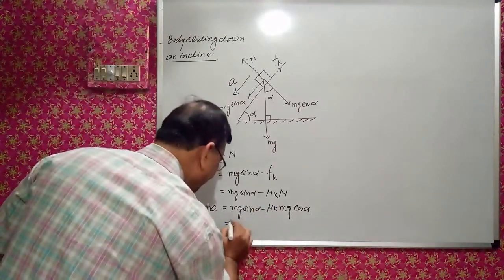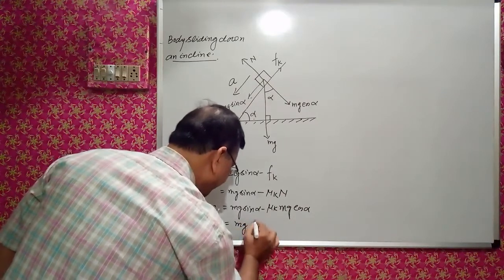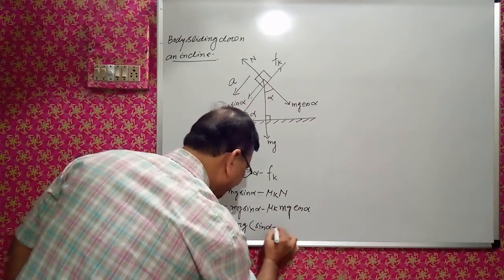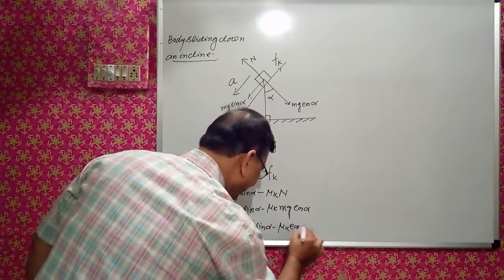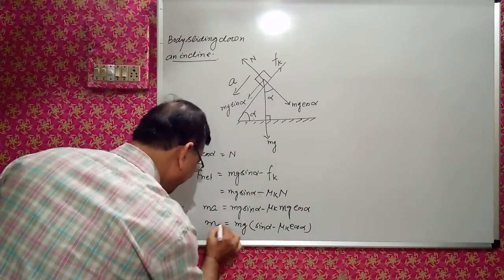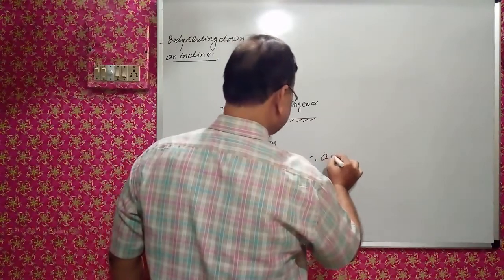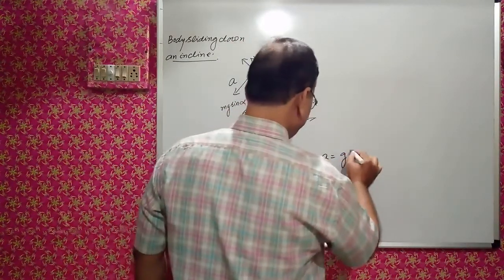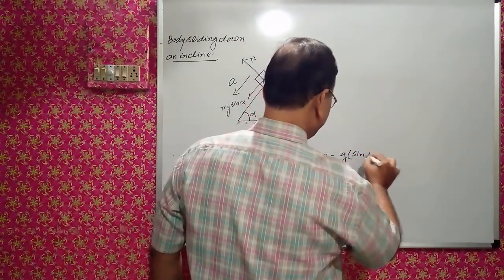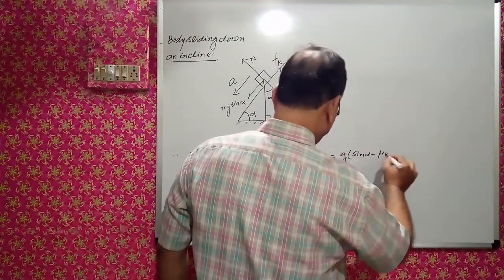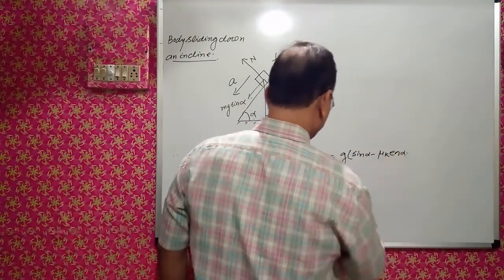So this is equal to, we can take mg common, we will get sin alpha minus mu k cos alpha. That is, ma is equal to this, m and m will cancel. Therefore, acceleration is equal to g into (sin alpha minus mu k cos alpha).